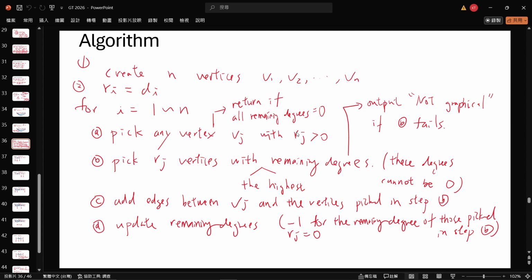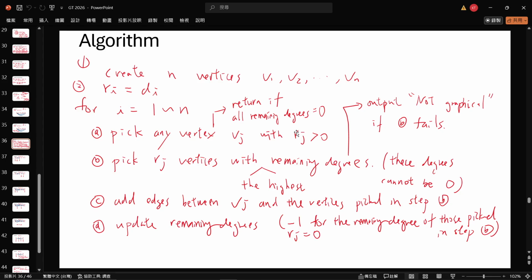We also have the remaining degrees: the remaining number of edges you should add to the vertex vi. Initially, this is just di, the input. So for the ith vertex, we should have di edges incident to it.